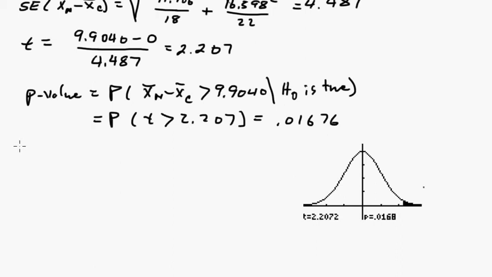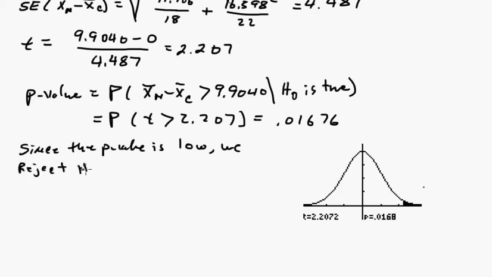Since the conditions are satisfied and we've done everything correctly, let's say that since the p-value is low, we reject H0.